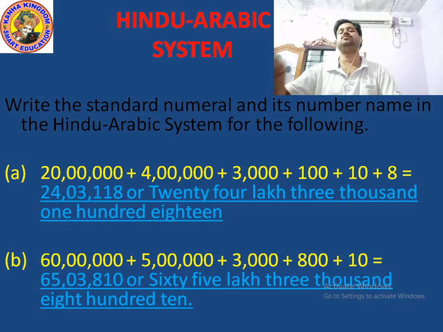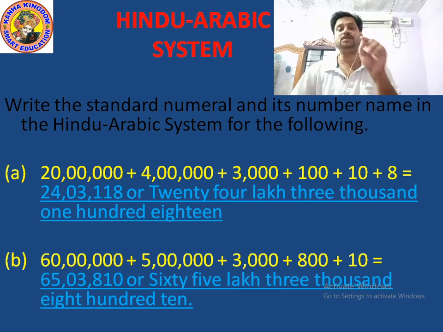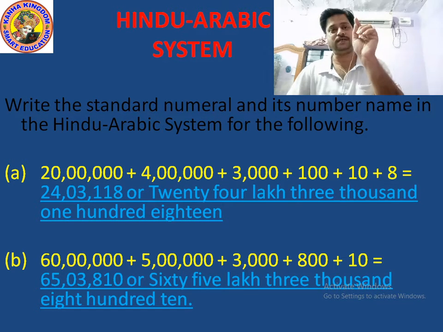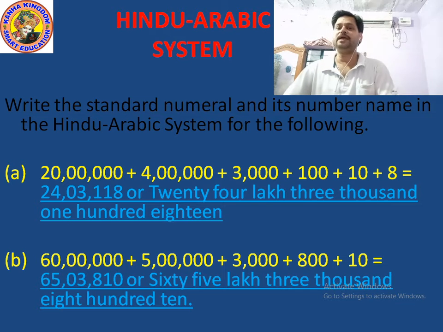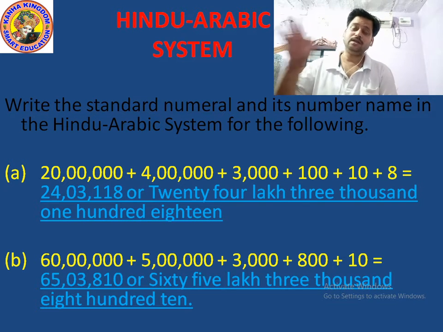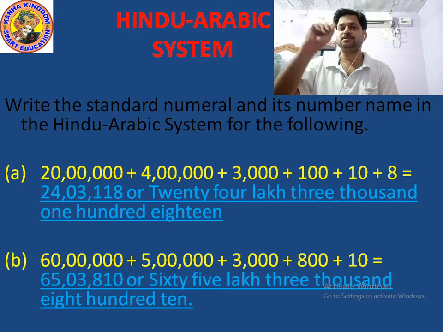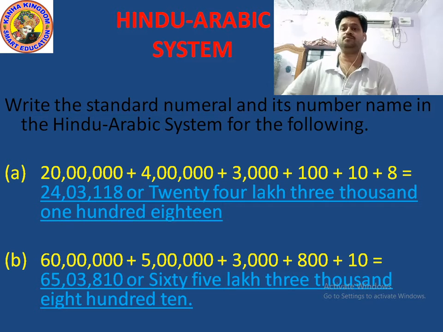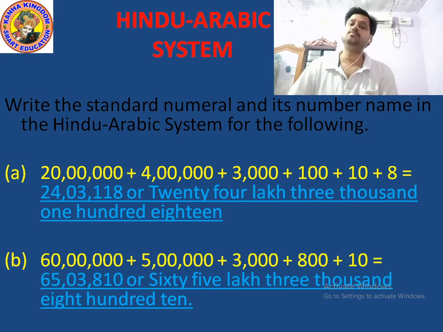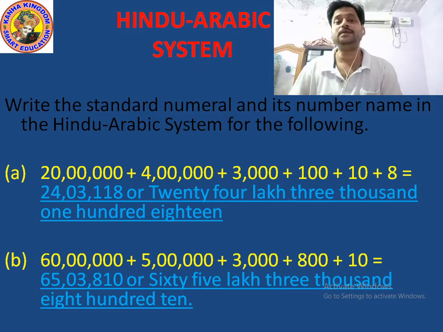Yes, 10,000 place value is missing. If any place value is missing, then what you have to do? You just put 0 in that place value. Now the next number is 3,000. So 3,000 means how many commas? Single comma. Single comma means 2 periods, and the second period is thousand period.